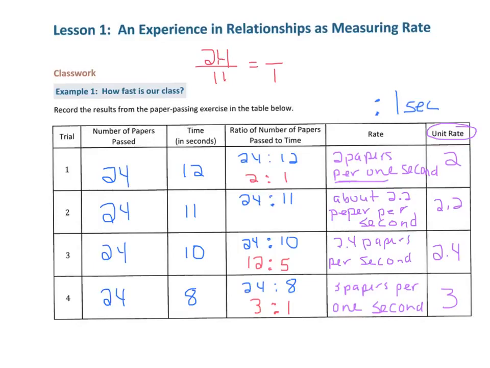So we talked about what a ratio looks like. The rate is again always per 1, so it's comparing two numbers, but the second number is always 1, and then the unit rate is what number is per 1.